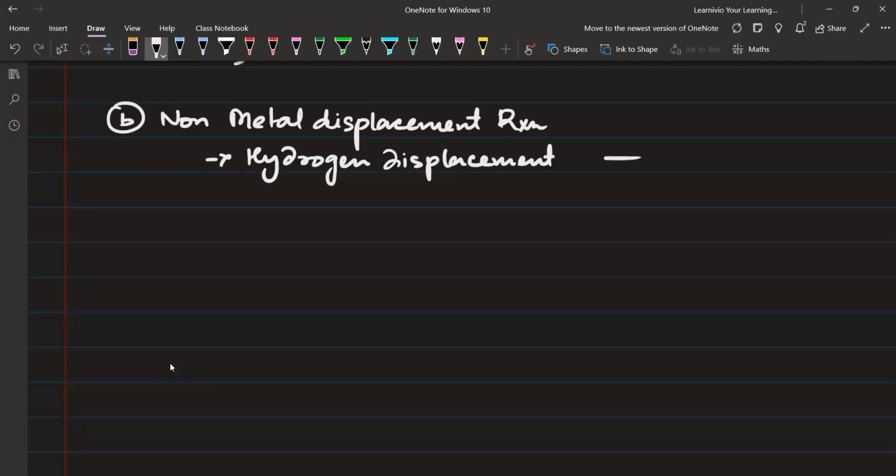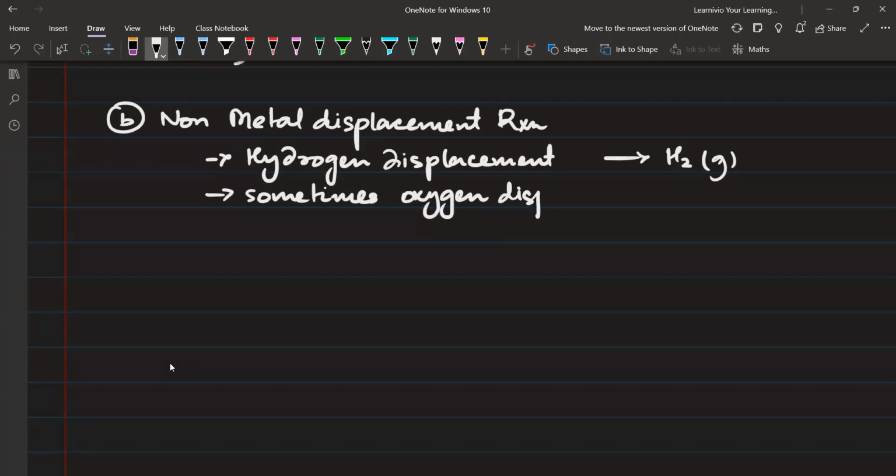Meaning what will you get in the product, H2 gas. In the product you will have H2 gas. Okay, this is generally speaking, and sometimes oxygen displacement. That means what will you get in the product, O2 gas. Okay, a few examples.